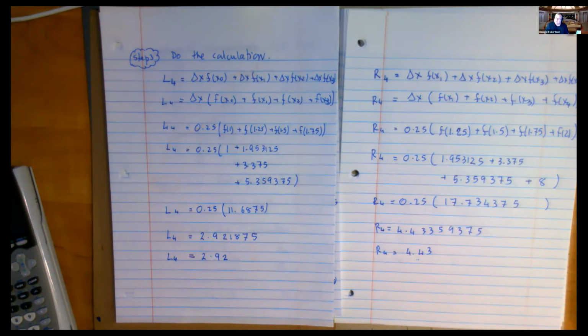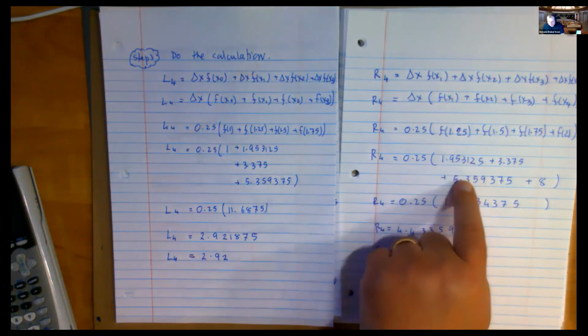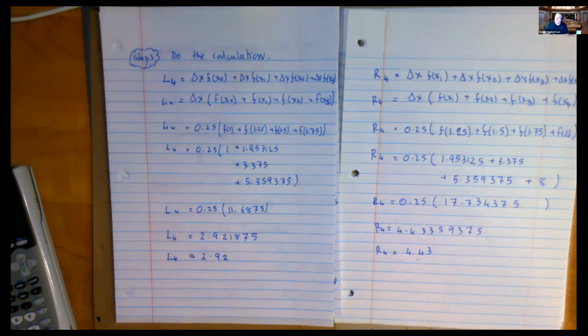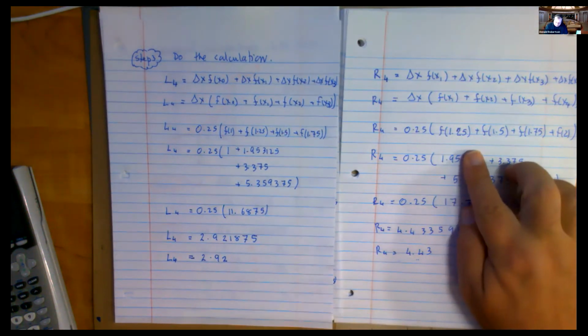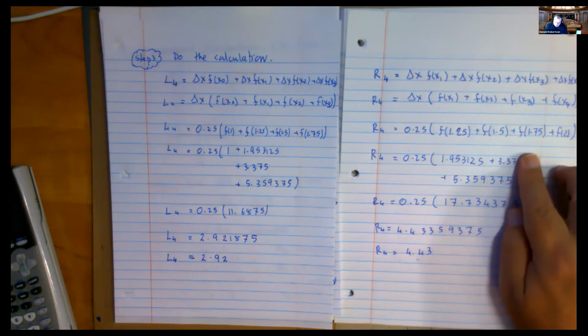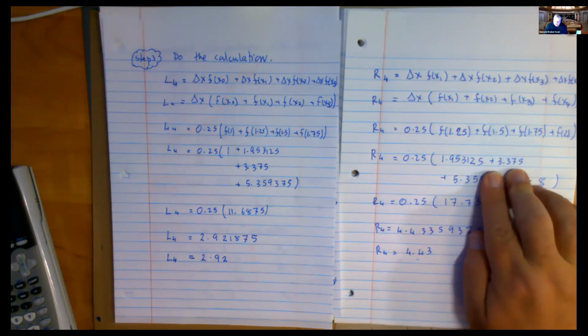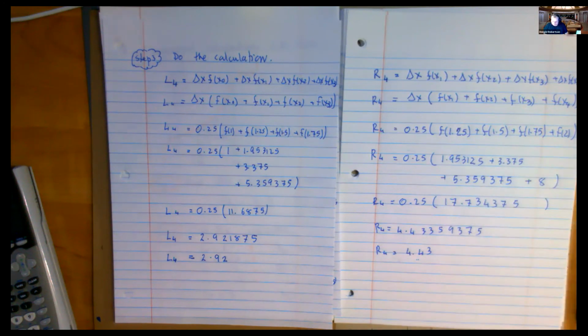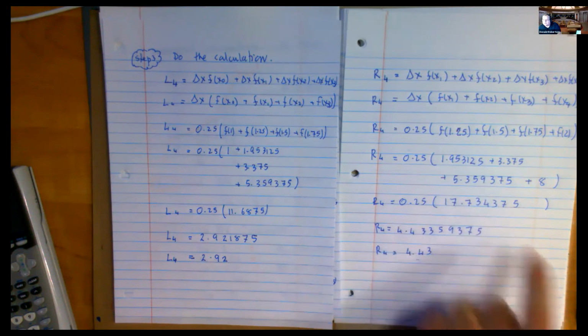If they want the answer to 3 decimal places, round off all your working to 4 and you'll be fine, right? If you want it to 2 decimal places, round off all your working, that's these guys here, round them off to 1 more decimal place, right? So if they only wanted 1 decimal place, wouldn't this guy just turn into 1.95? This guy would be 3.38. This guy would be 5.36, and that would still be it. So there's one way to reduce your workload. Look at the accuracy that they're asking for and adjust your working accordingly.